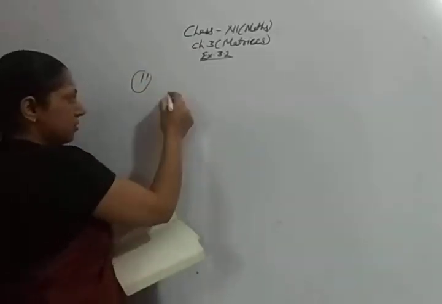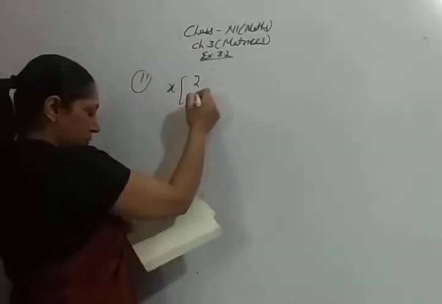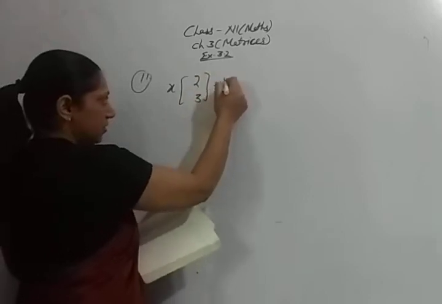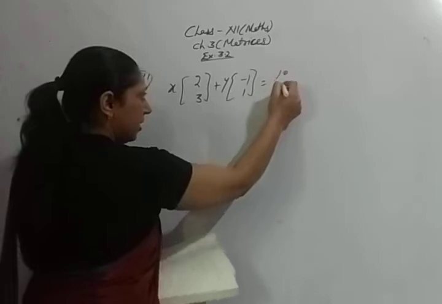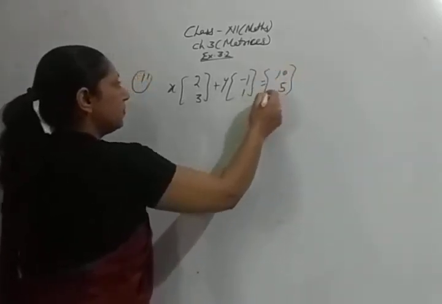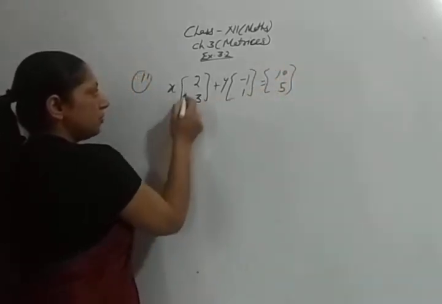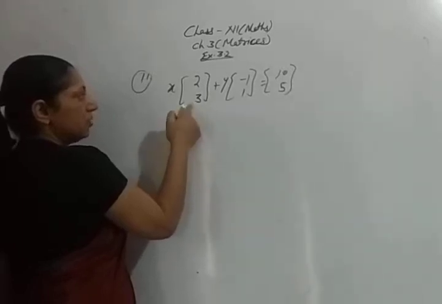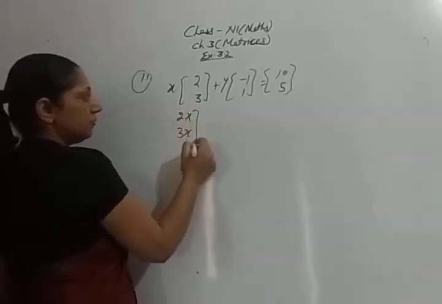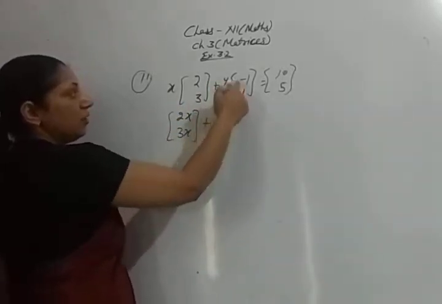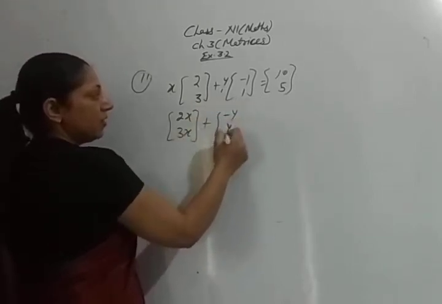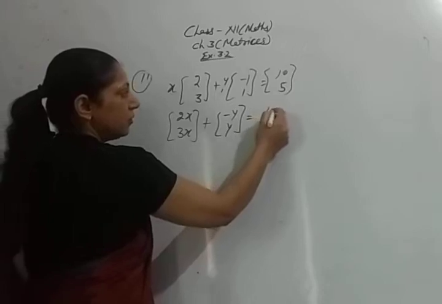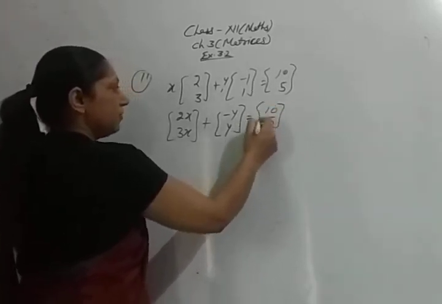Question number 11 is x times the matrix 2, 3 plus y times the matrix minus 1, 1 is equal to 10 and 5. So first multiply this. So 2 into x, 2x, 3 into x, 3x, plus y into minus 1, minus y, y into 1, that is y, that is equal to 10 and 5.